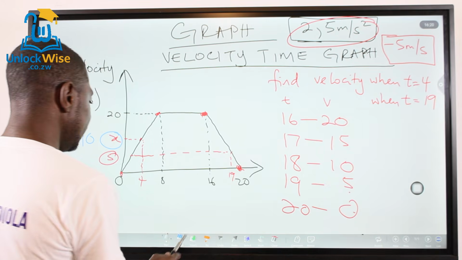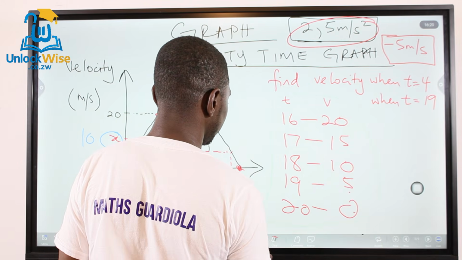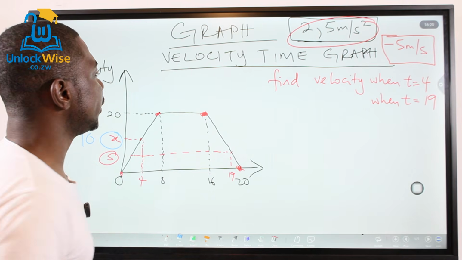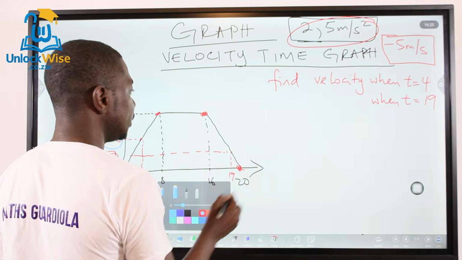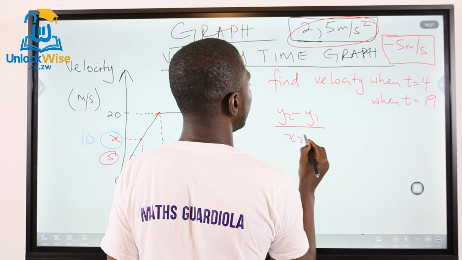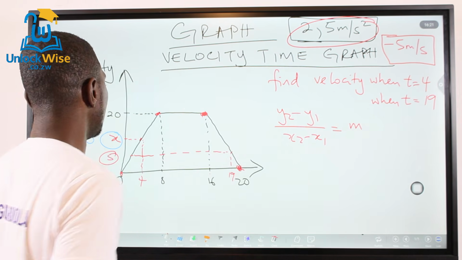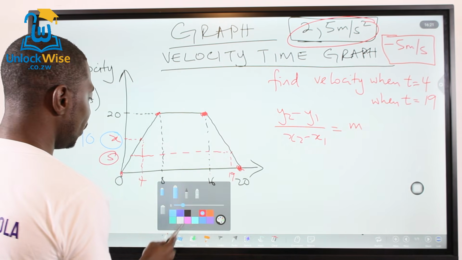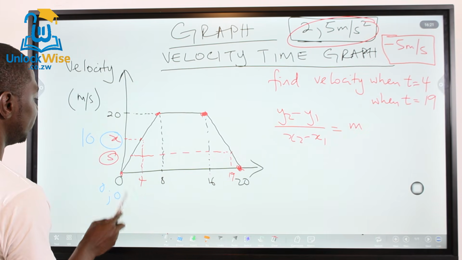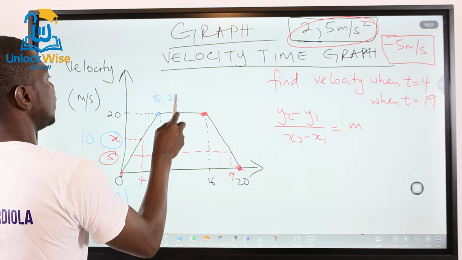Then I was saying there is a method we can use, which is coordinate geometry, right? Under coordinate geometry, we know that (y2 minus y1) over (x2 minus x1) is equal to m, which is our gradient. So we will take our points here. This one is 0, 0 and this one is 8, 20.